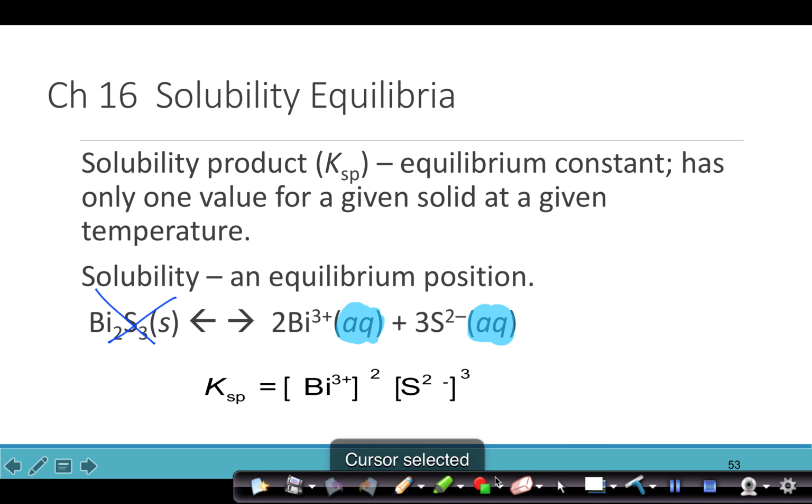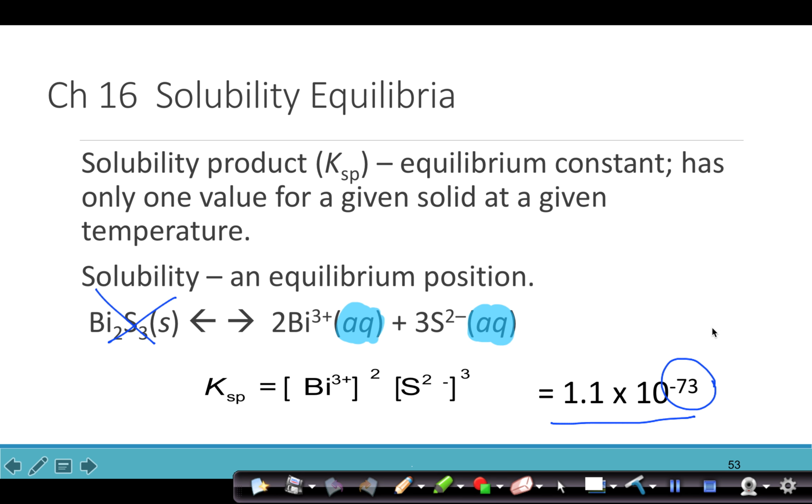For this particular substance, the KSP is going to be equal to 1.1 times 10 to the negative 73. That's really small. So this is not very soluble at all. It's extremely, extremely insoluble in water at this given temperature that we're talking about.